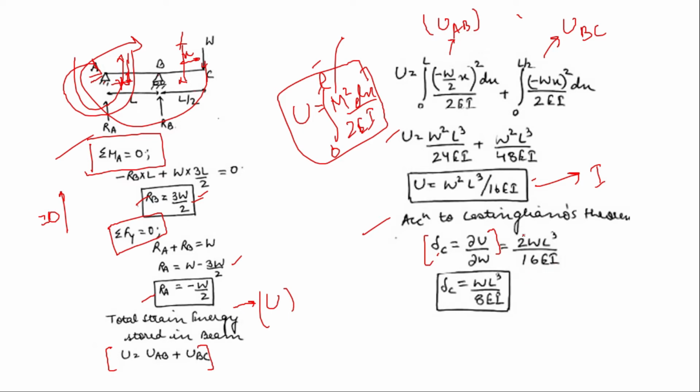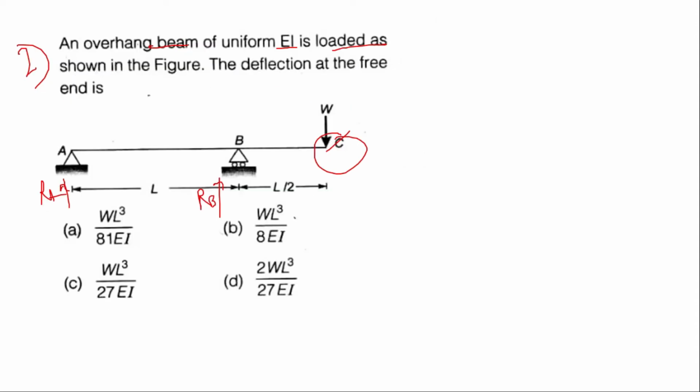The 2 cancels, so this can be written as WL cube upon 8 EI. This gives the value of delta C. So the correct answer is delta C equal to WL cube upon 8 EI, that is, B is the right answer.